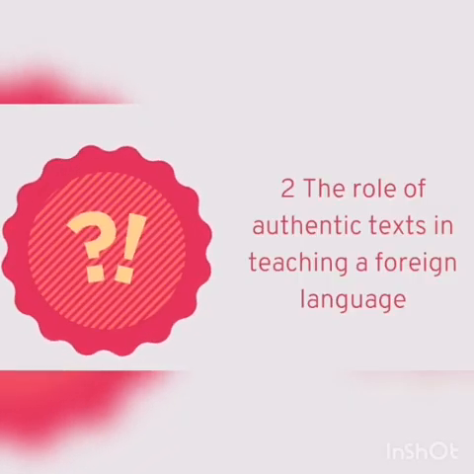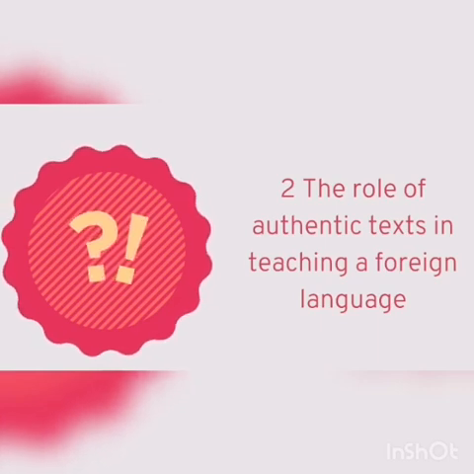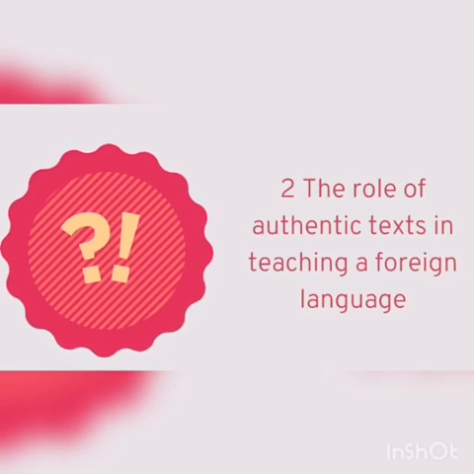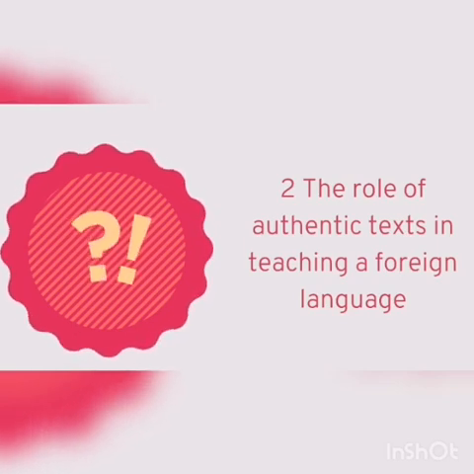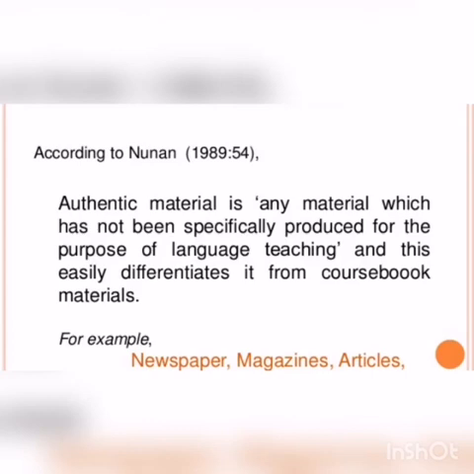The role of authentic text in teaching a foreign language. This is the second question. What is authentic material? Authentic material is any material which hasn't been specifically produced for the purpose of language teaching, and this easily differentiates it from course book materials.